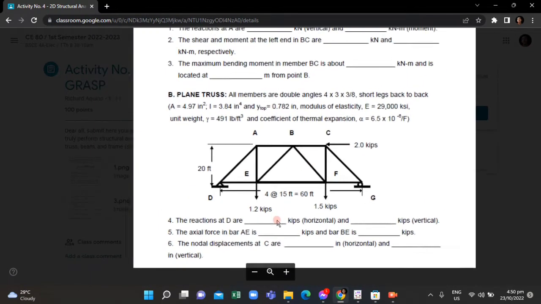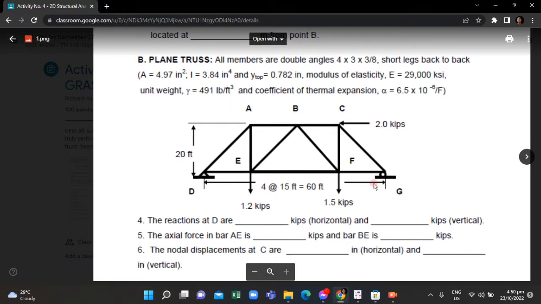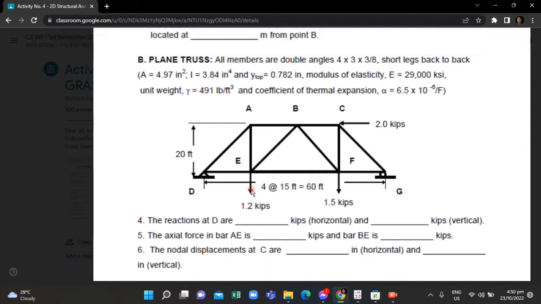So here we can see the figure of the structure with respective loadings at specified points or nodes. We'll use this again as a basis in plotting it in the GRASP software.